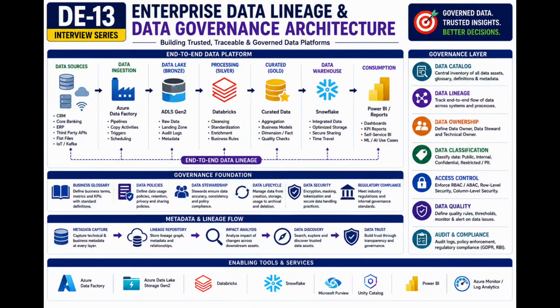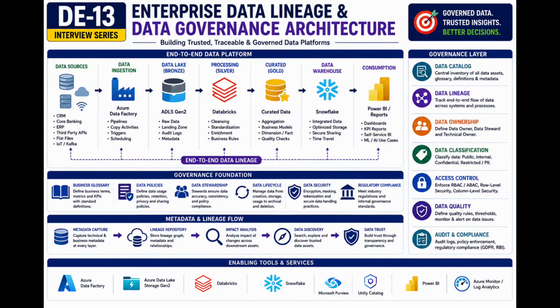Now let's understand the bigger architecture. Data lineage is only one component. Around our entire data platform, we need a governance layer. Let's say our platform contains SQL Server, Azure Data Factory, Azure Data Lake, Databricks, Snowflake, and Power BI. Then data governance operates across all these layers.